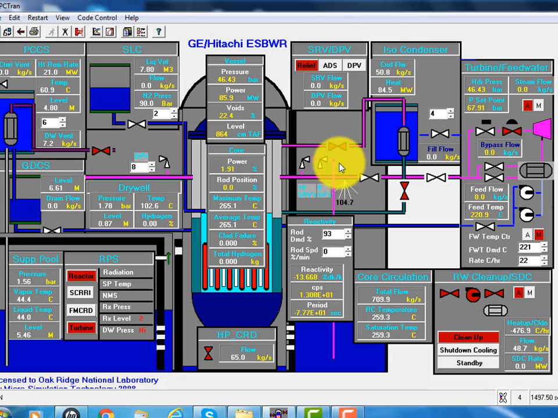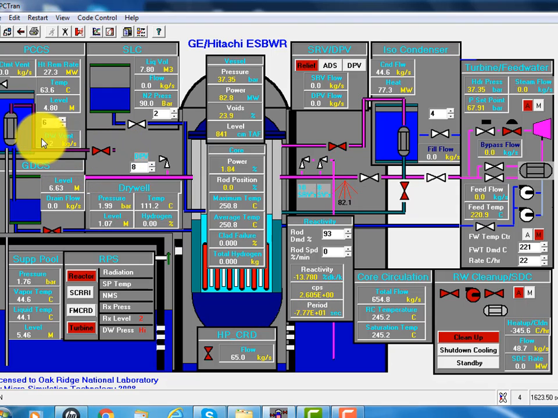So the mitigation of this is, when the water level drops to a certain point, in order to accelerate the cool down, we use the passive containment cooling system. Okay. So automatically, or the operator can open the PCCS cooling.